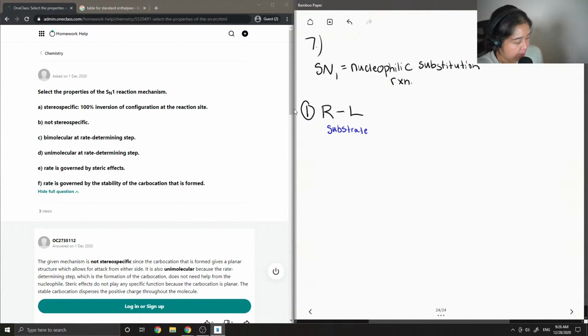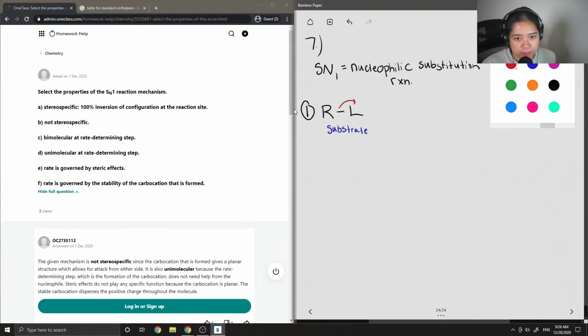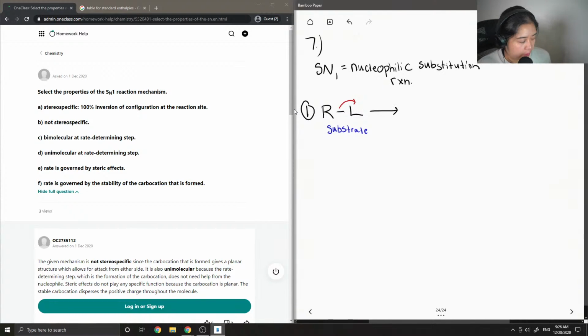And for the first part of the mechanism, we have L, which is our leaving group, which is removed.